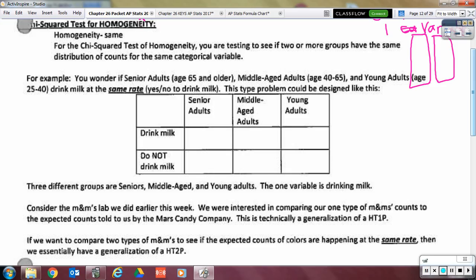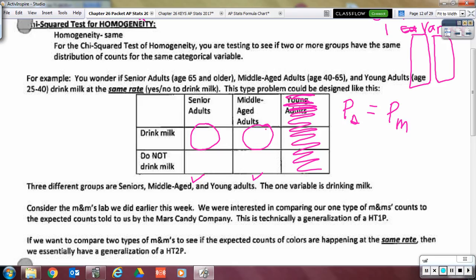Now, if this problem did not have this third column, then I could get one proportion from drinking milk out of the total, and the second proportion from drinking milk out of the total, and I would have two proportions. I could compare the proportion of senior adults that drink milk to the proportion of middle-aged adults. What kind of test would that be called if I just compared two proportions? Two proportion z-test. Very good.